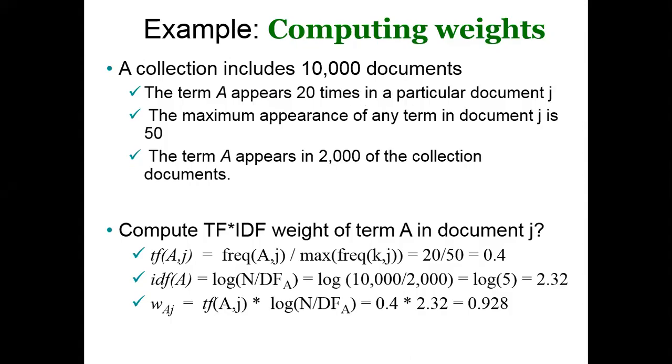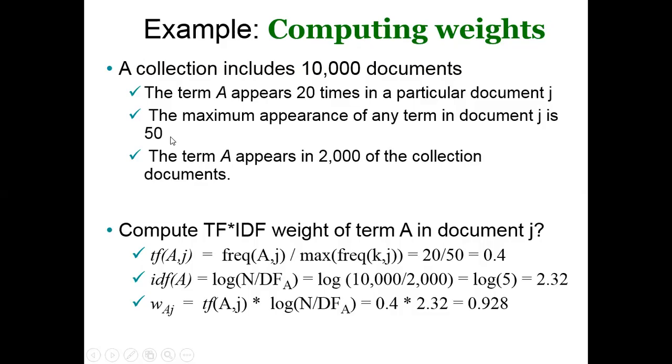Then we have to normalize it. For normalization here, what's given is the maximum frequency of another term which occurs in document J, 50. So for term frequency of term A in document J, take its frequency 20 times, then normalize it by 50.